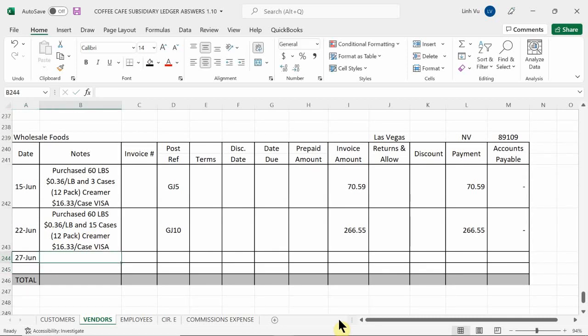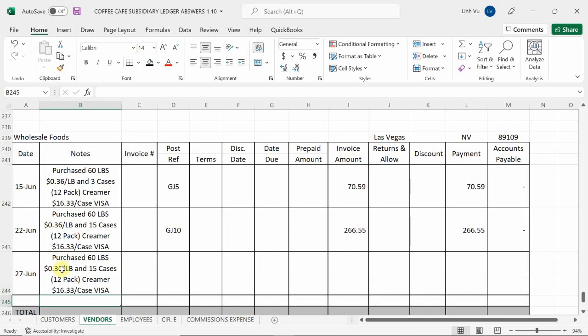Wholesale food store, right? I purchased 60 pounds of sugar at 36 cents each, and then I bought 15 cases of a 12-pack creamer at $16.33 each, and I paid with a Visa credit card, okay? No receipt here. That's okay.